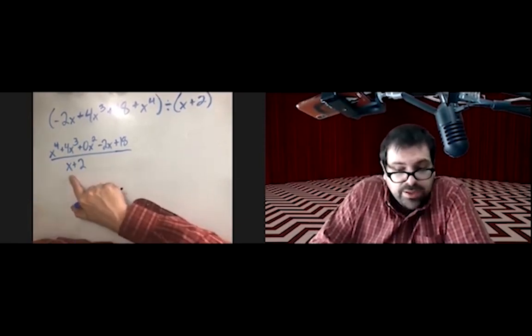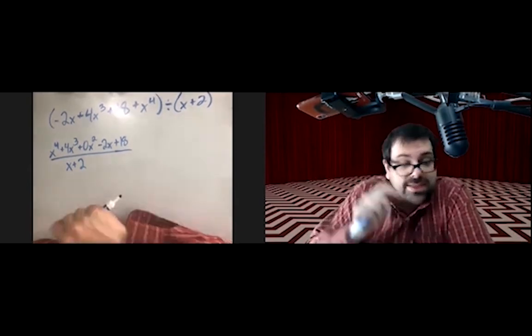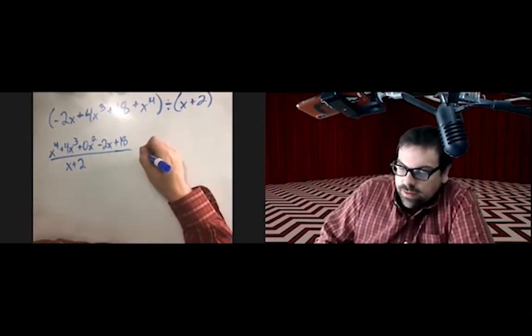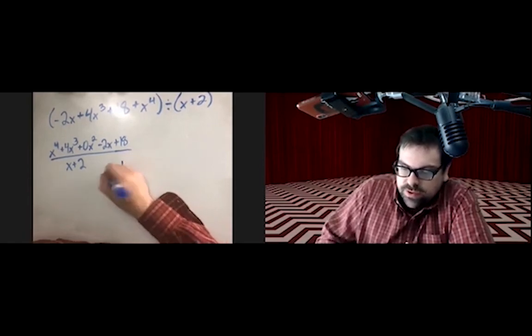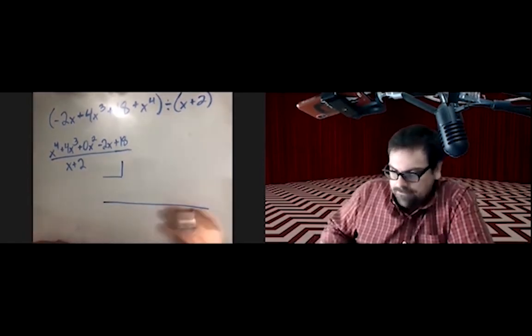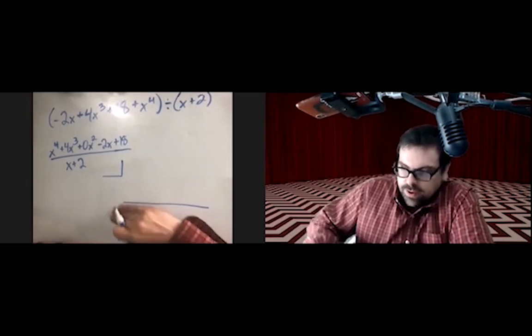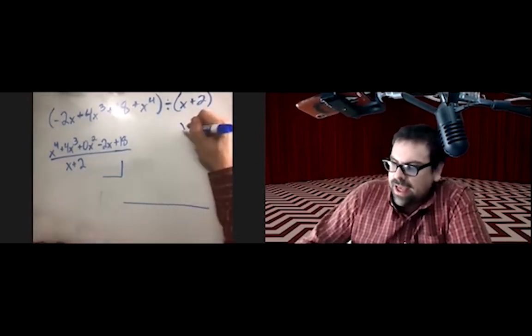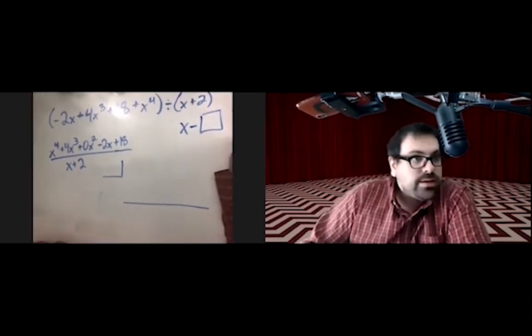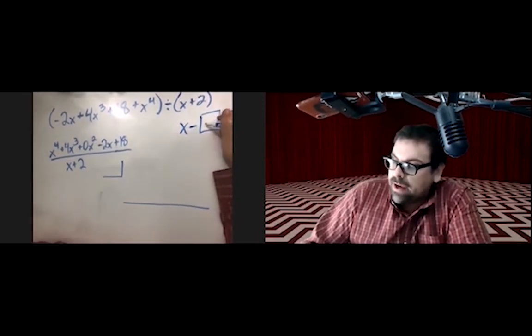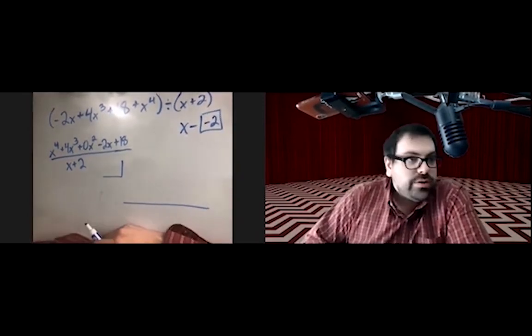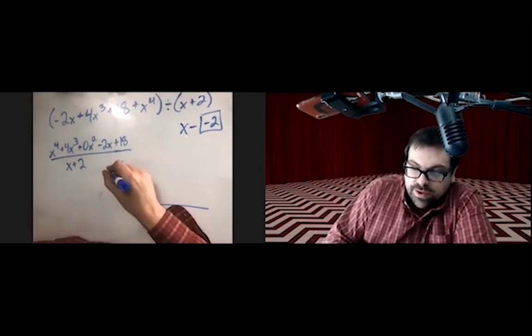We're dividing by just an x plus something or an x minus something. So we can go ahead and use synthetic division. The question is divided by x minus what? It would be x minus negative 2 to give us our x plus 2.